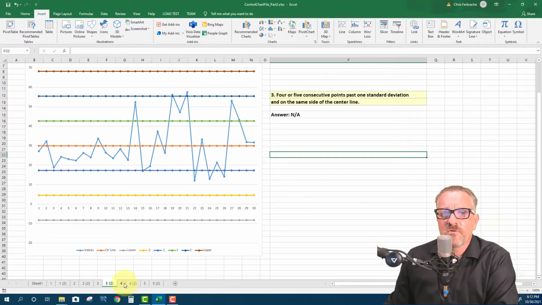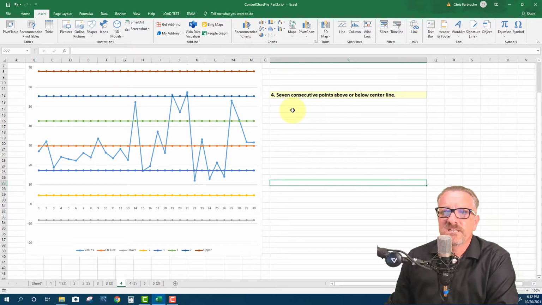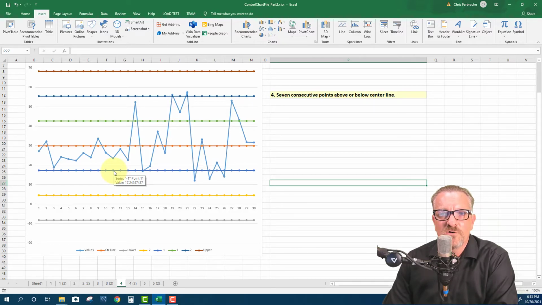And then number 4, 7 consecutive points above or below the center line. So in this case, we're looking for a whole shift, or a drift, of the control, or the actual measurements, or the quality of whatever we're making, drifted to the point where it's continually being below or above.